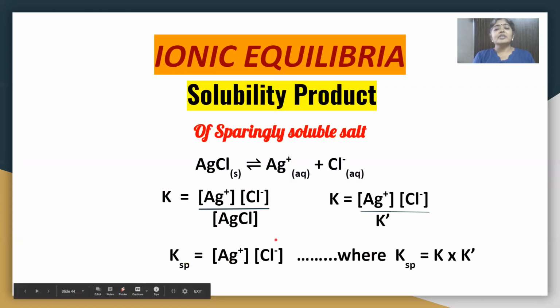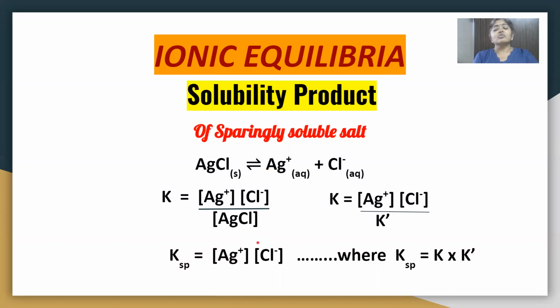So this brings us to understand what is solubility product. You can generalize now that it is nothing but the product of the molar concentrations of the ions formed at equilibrium, and of course it has to be raised to the stoichiometric coefficients. Now in this case there are no coefficients, it is a balanced equation without any coefficients, therefore you don't have any powers here for Ag plus and Cl minus.